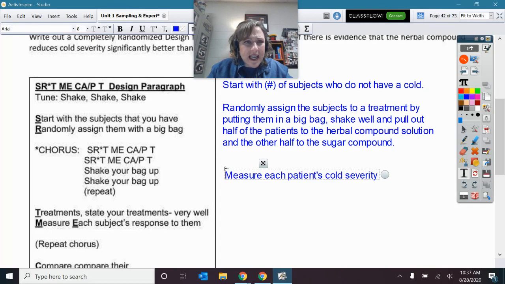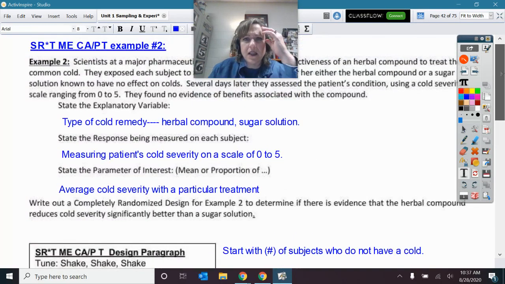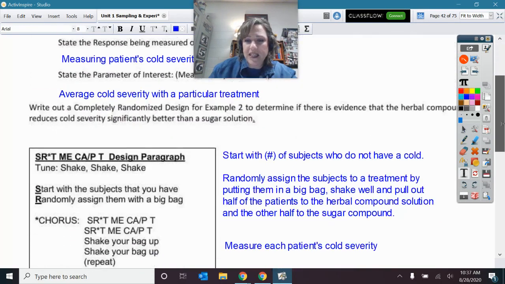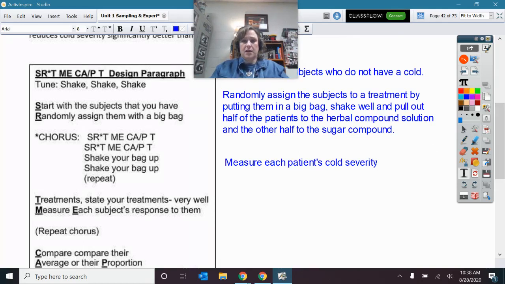Was it like after a certain number of days or something? It just said several days later. Okay. Their cold severity several days after being exposed to the cold virus.